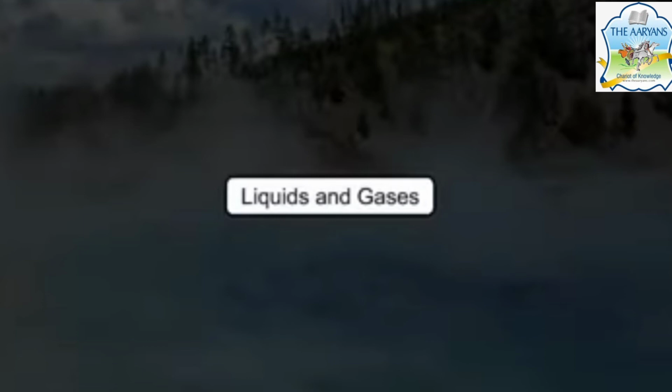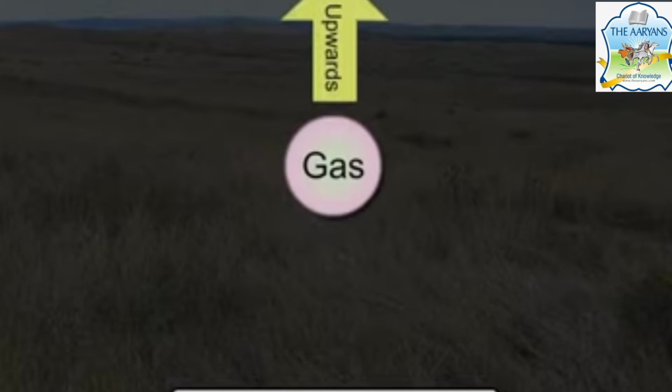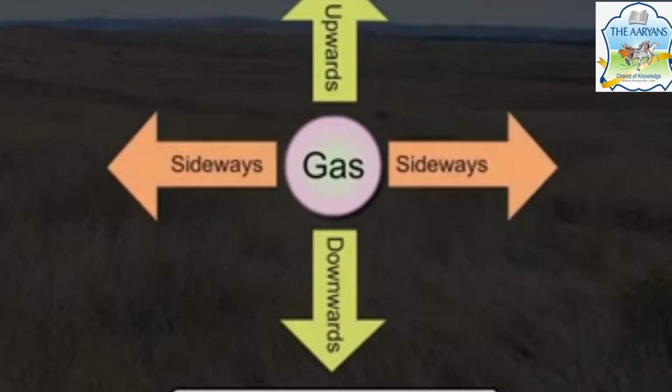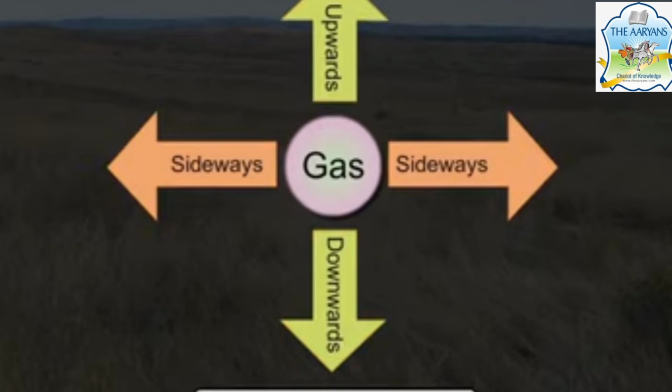Now let's take liquids and gases. Next is gas. Gas will flow in every direction. That is, it can flow upward, downward, and sideways, left and right. So a material that has neither a definite shape nor a definite volume is called a gas. Gas fills all available space.